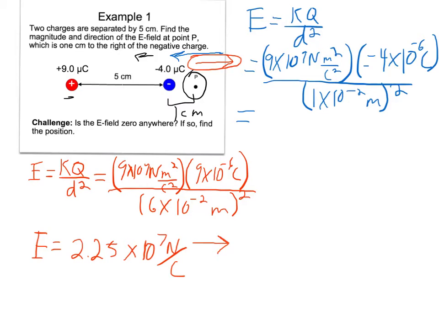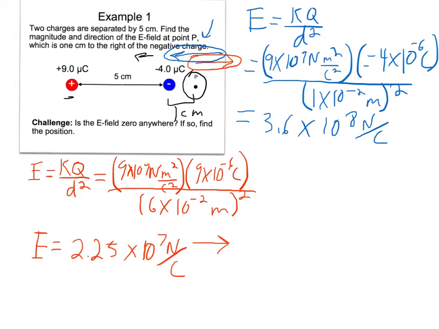So when I carry out this calculation, I get 3.6 times 10 to the 8th newtons per coulomb, which is clearly bigger. So we were right, the blue vector is bigger, meaning our field is going to end up being to the left. Since these vectors are pointing in exactly the opposite direction according to my drawing, I will subtract these two amounts.